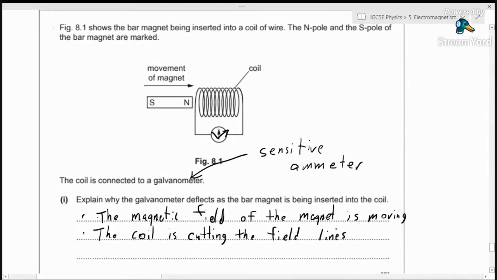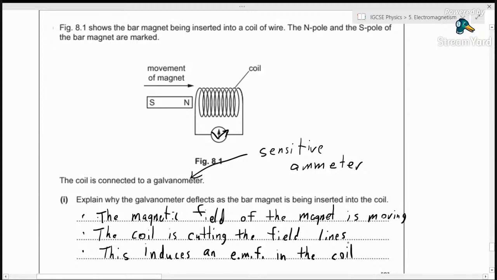So the coil of wire is cutting these magnetic field lines that are around this magnet because the magnet is moving in. Anytime you have a wire, especially one connected to a complete circuit, cutting across magnetic field lines, we'd say this induces an EMF in the coil.